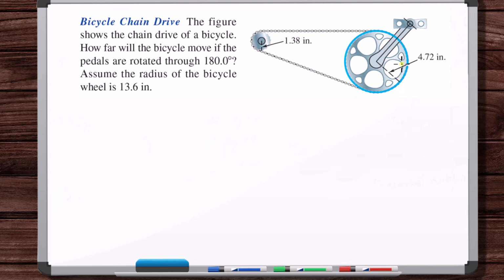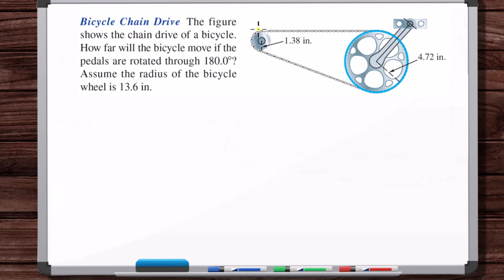So let's figure out how much circumference this has rotated through after 180 degrees. What do I mean by circumference? What arc length has been mapped out by the 180 degree angle over this circle here, which they're representing as the pitch diameter.